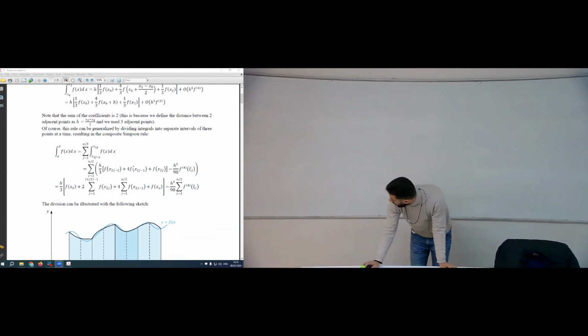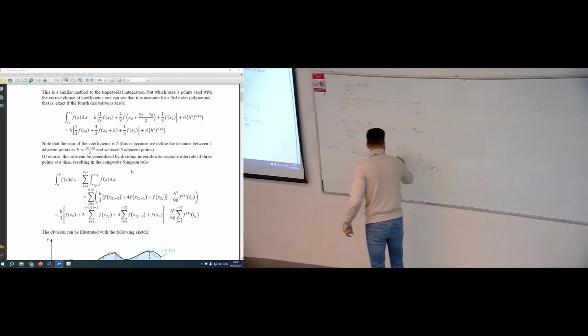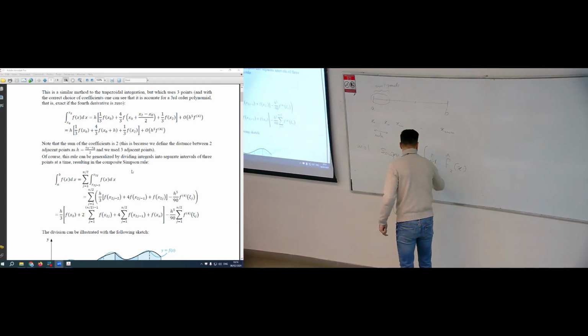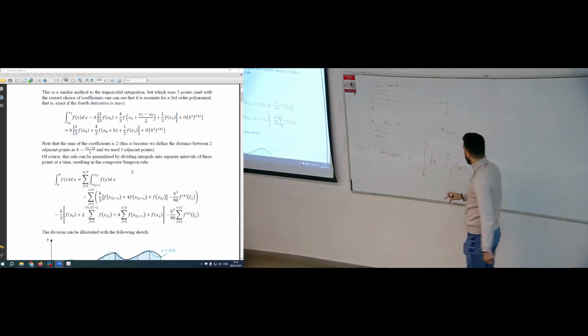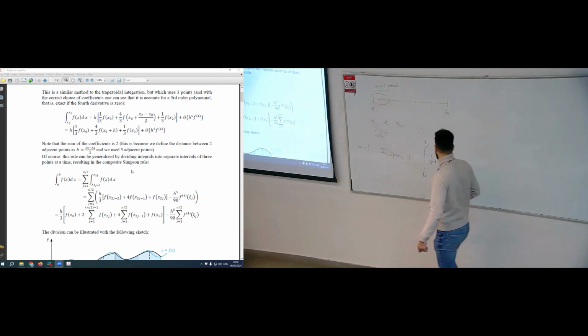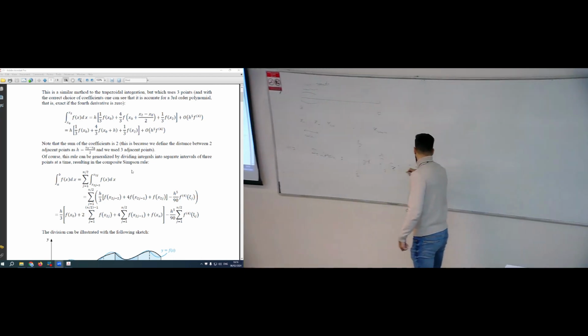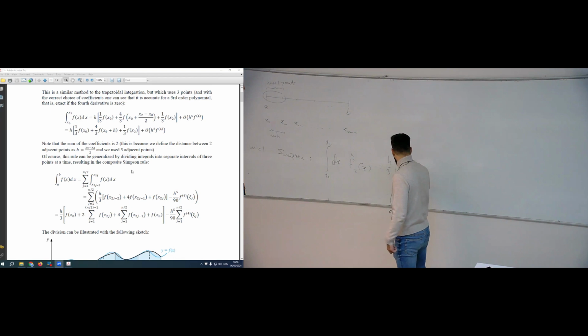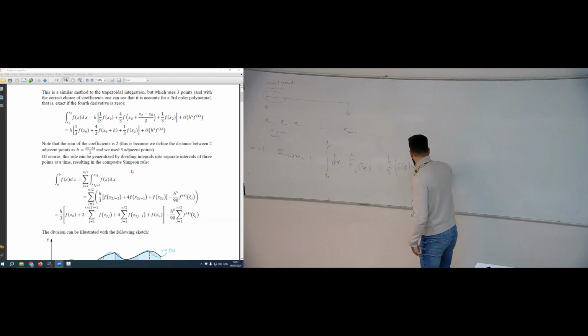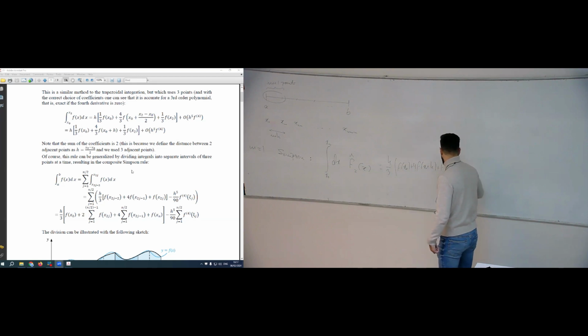And when we make the interpolation and calculate the integral only in the first segment, we get that the answer is h over 3 times f of x0 plus 4 f of x1 plus f of x2.